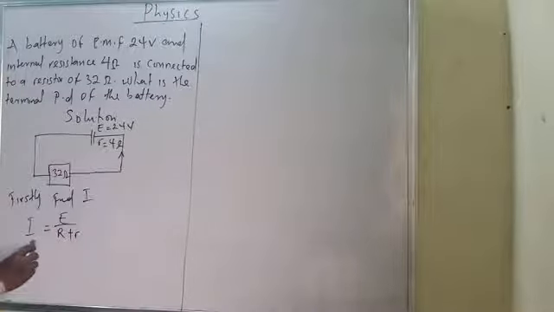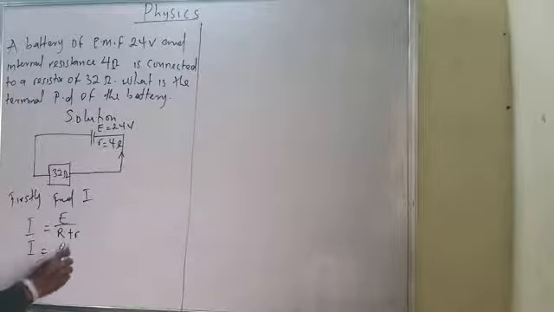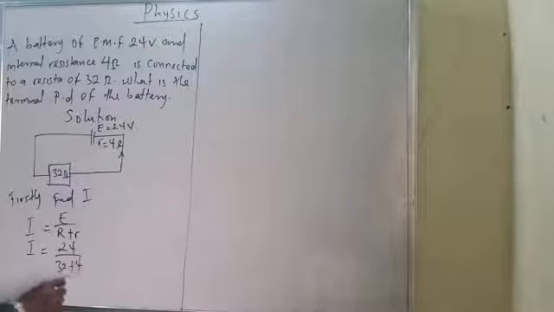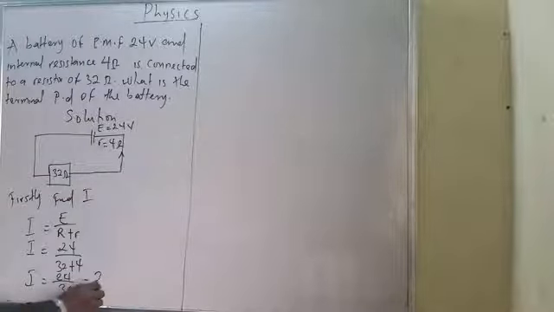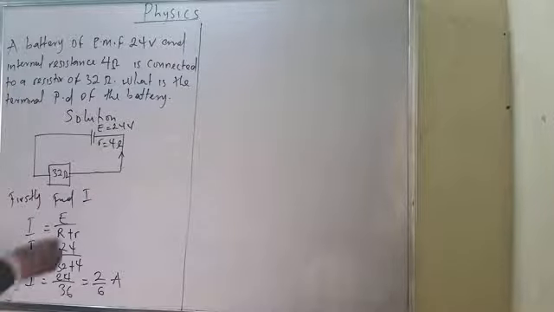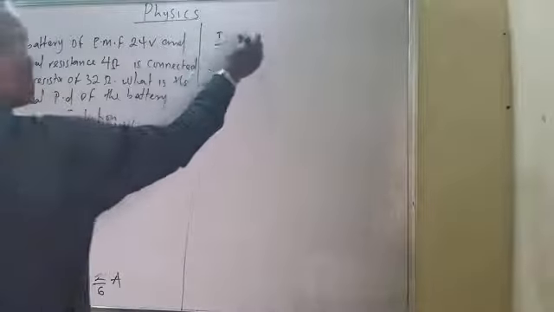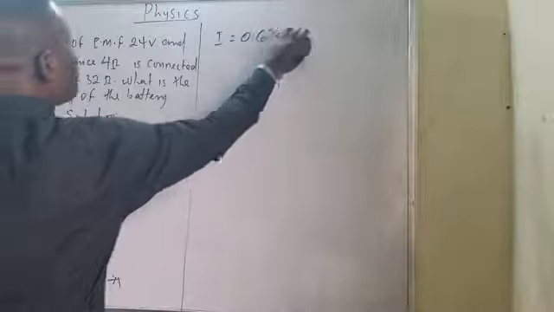It means I can continue by having 24 divided by 32 plus 4, which gives I equals 24 divided by 36. That is the same thing as 2 over 3 ampere, which is my current. In your calculator, we print it as 0.67 ampere.